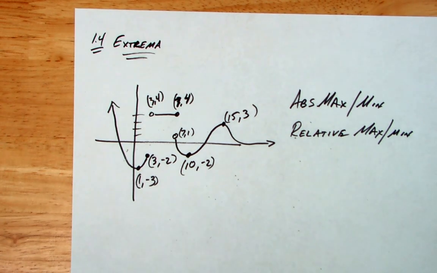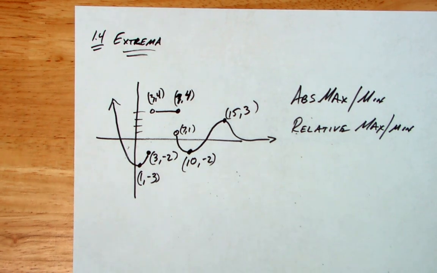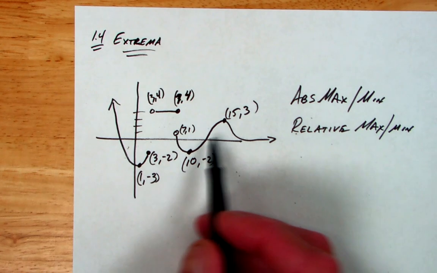Absolute minimum is the lowest it ever gets. Relative maximum. Do you see any points on here that might be what we consider a relative maximum? 15.3. Yeah. It's relative to its neighbors. It's the highest. It's like the tallest person in here, not necessarily the tallest person in the school, but the tallest person in that region.